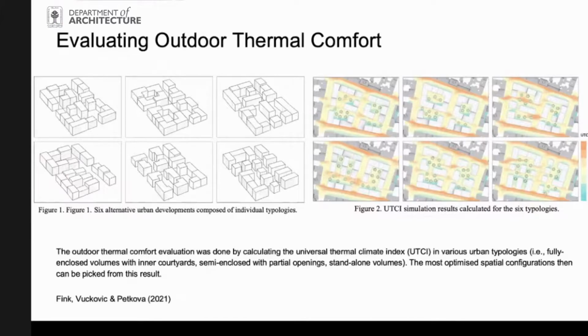Then from those 6 alternatives, we can choose the best one based on what we really want that area to be. So using this building performance evaluation, we can test our alternatives and pick the one closer to our design intention or design goals.